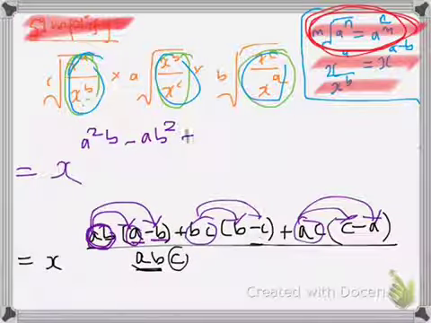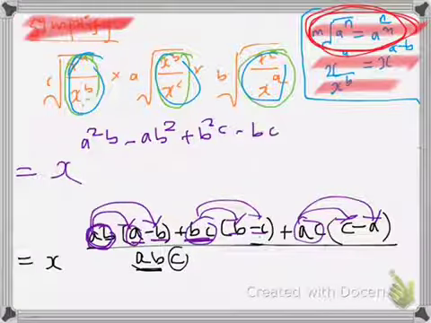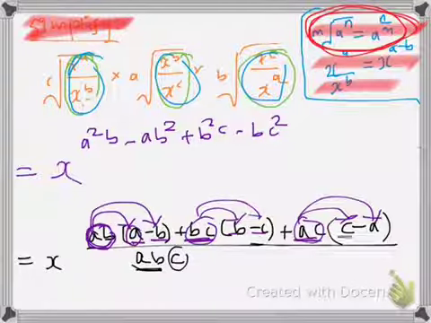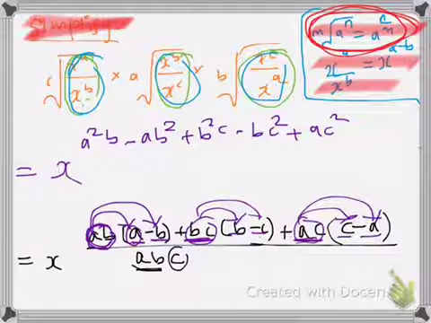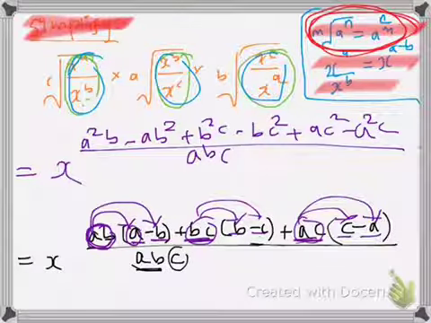When bc multiplies b, we get b squared c, and when bc multiplies c, we get bc squared. When ac multiplies c, we get ac squared, and when ac multiplies a, we get a squared c, divided by the denominator, which remains as it is.